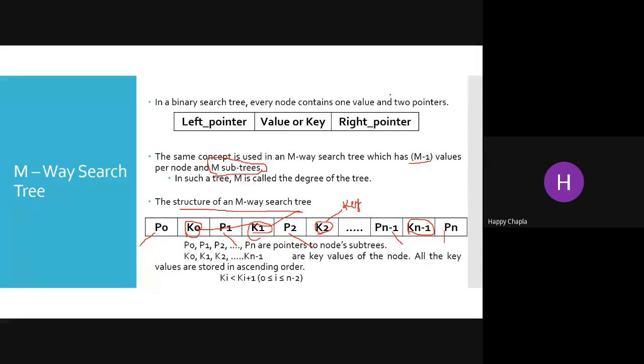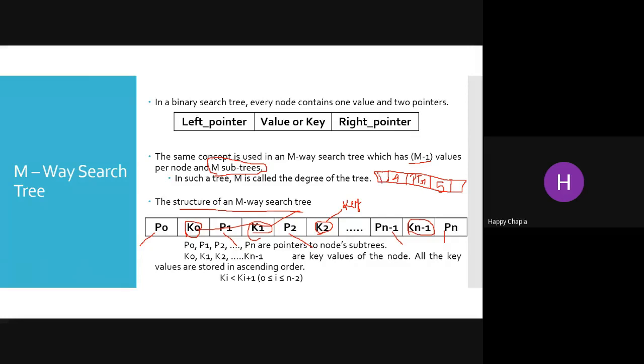So we are doing something like this. We have value 4, we have value 5, we have a PTR.